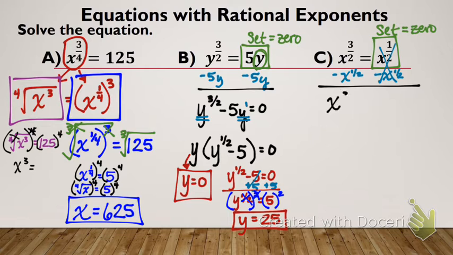So I have x to the 3/2 minus x to the 1/2 equals 0. What do they both have in common? X. X to the first power? They at least both have an x to the 1/2 power. So that's going to be what I bring out to the front.